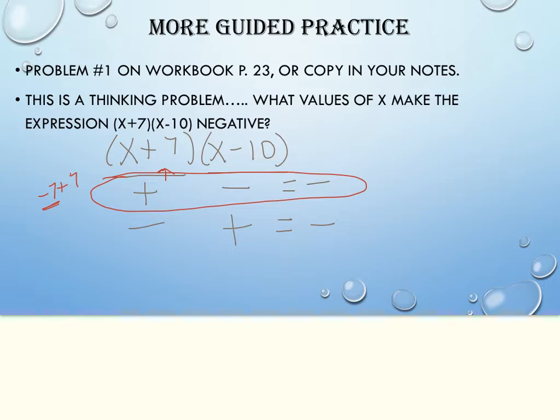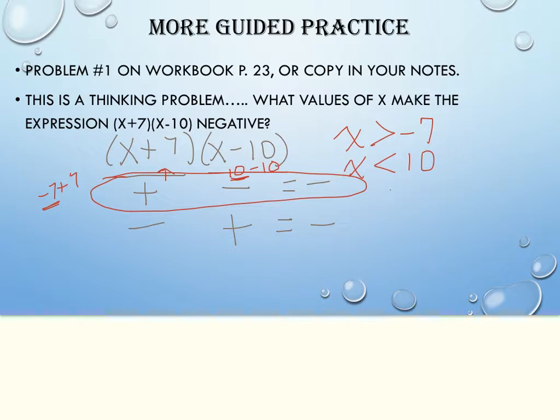So anything larger than negative 7 would work to give me a positive there. And then in the x minus 10 part, if I want to find 0, positive 10 minus 10 gives me 0, but I want something less than that to make a negative. So x would have to be less than 10.